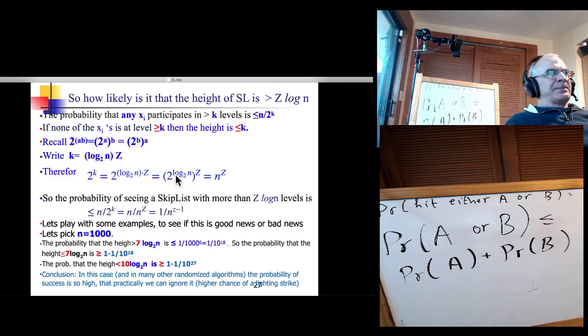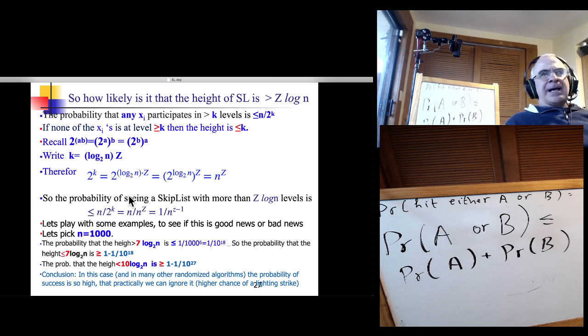What's written here in the parentheses? 2 to the power of log 2 of n is nothing but n. Log just asks to which exponent should I raise 2 to get the number n. So what you have in the parentheses is just n, all of it to the power of z. So what we are getting is n to the power of z.